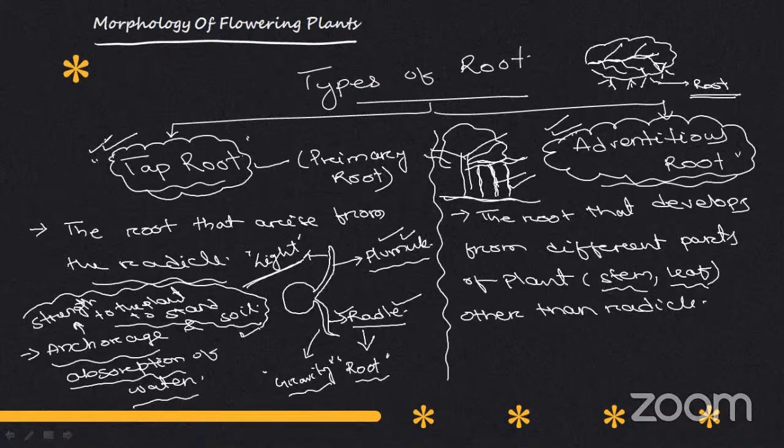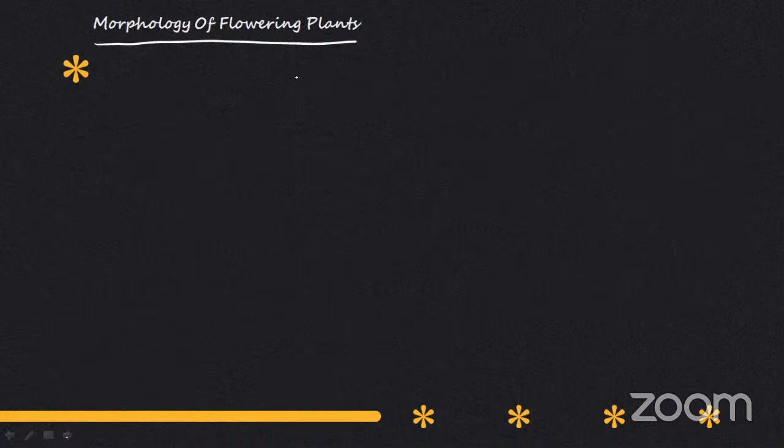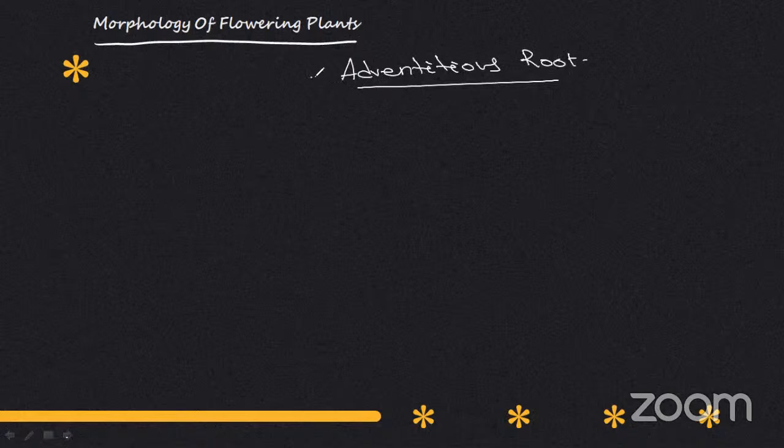And let's see the adventitious root. Let's discuss more about the adventitious root. First of all, as you know, this is not developed from the radicle.